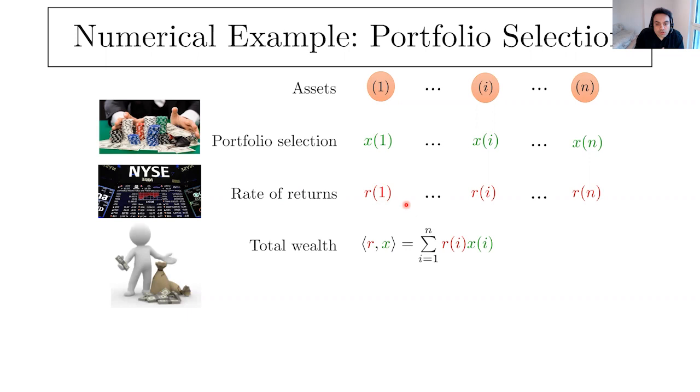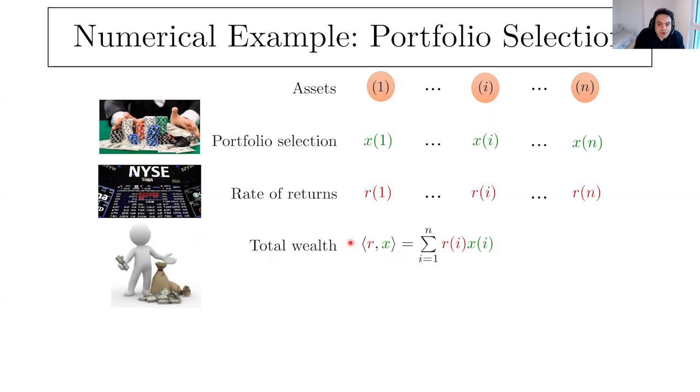And your total wealth is simply the summation of x_i r_i, or the inner product between the vector of the rates of return and the decision that you make. So that's going to be the total wealth after one round. If you think about it, you go to this market and put your money, and each time you trade your money based on the algorithm that I just described, and then see what happens. What would be our loss function?